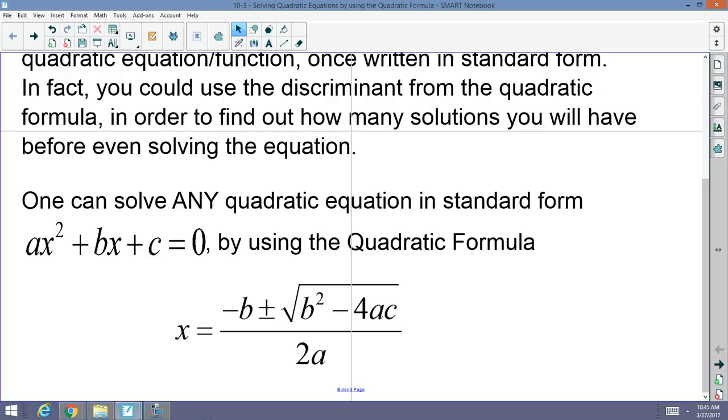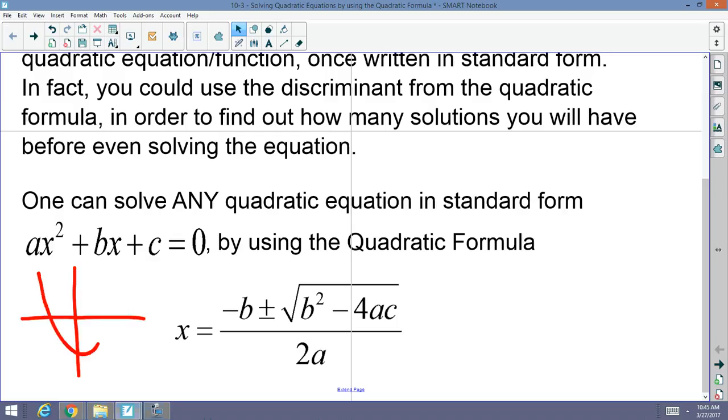One can solve any quadratic equation in standard form, ax squared plus bx plus c equals 0, by using the quadratic formula, where x, which remember that's what I'm trying to solve for, right? When I'm solving for a quadratic function, I'm solving for x. I want to find the points through which the graph intersects the x-axis.